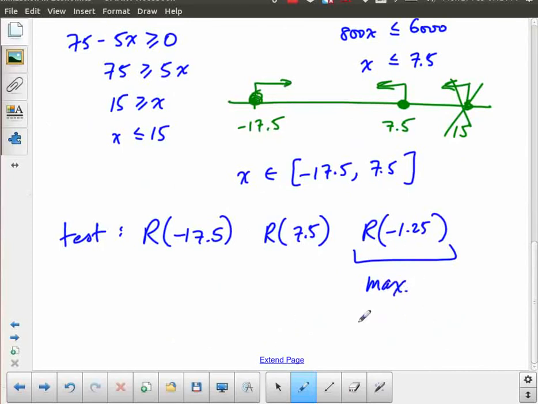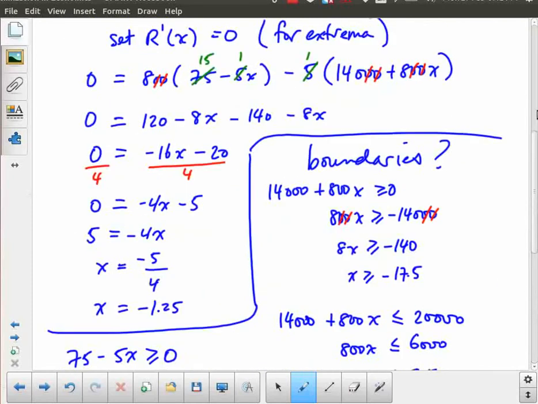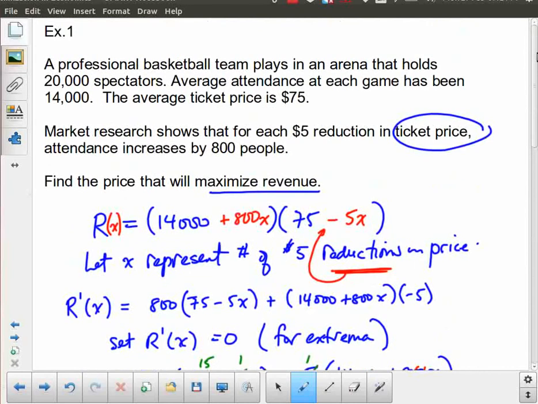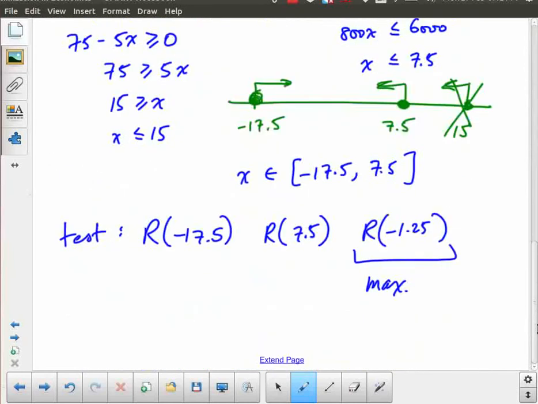But don't forget, the question actually wants to know what is the price, what is the ticket price. So my ticket price has to be 75 minus 5 times, and I warned you before that this could end up being a negative. And so if that's the case, I end up with a ticket price of, what does that work out to be?